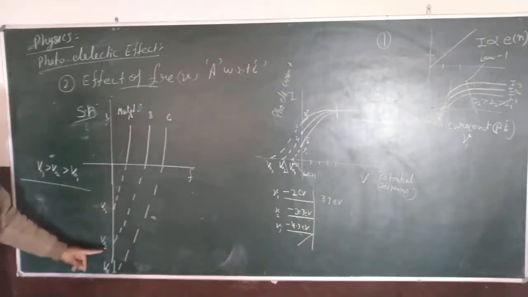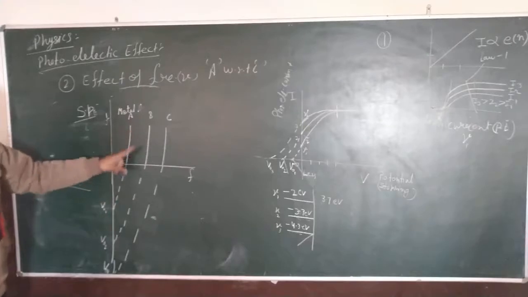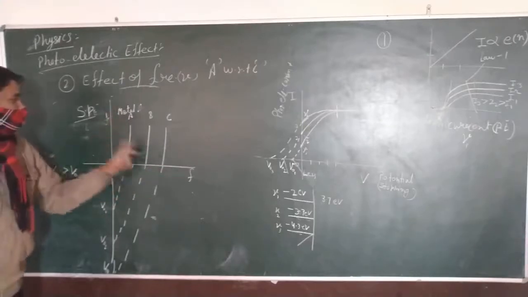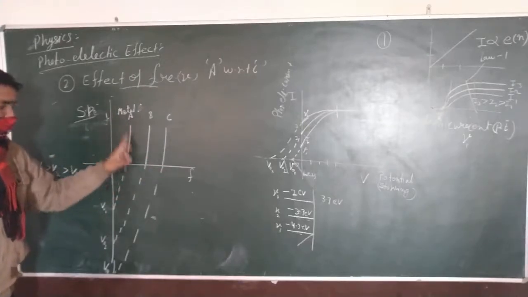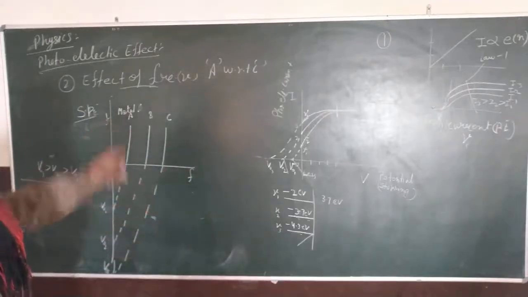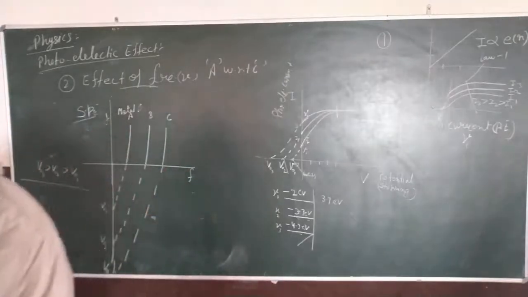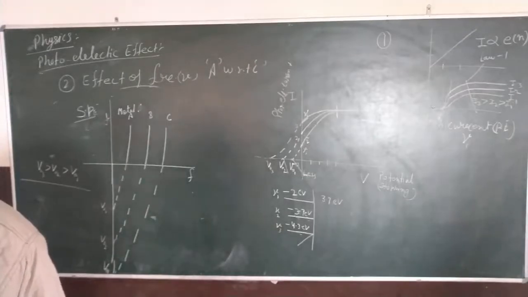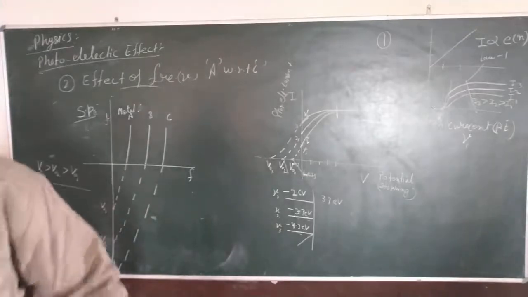We observe that the relation between frequency and stopping potential for the metal is linear in the frequency and potential graph. So write the laws of photoelectric emission.